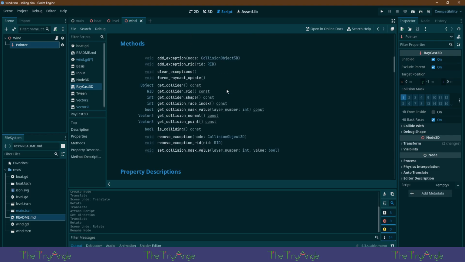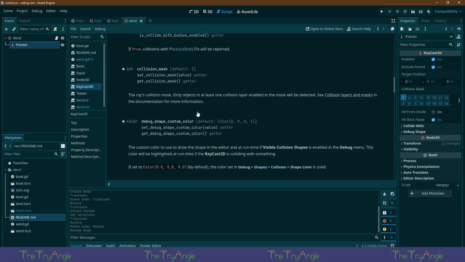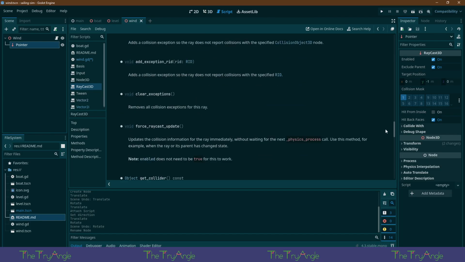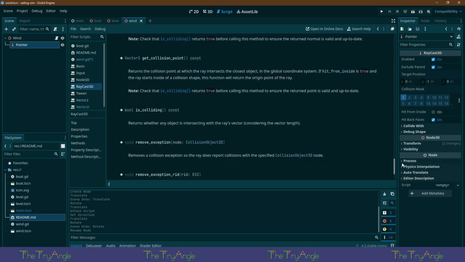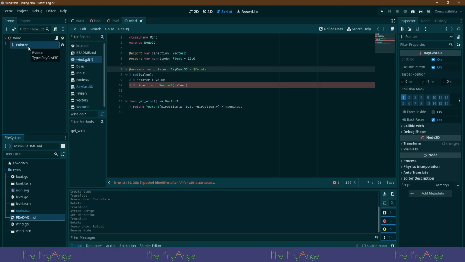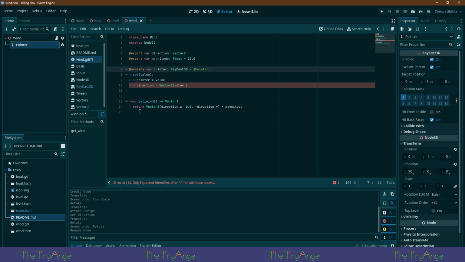How do you get the direction from a raycast 3D? Maybe this is a bad idea. No, it'll work.